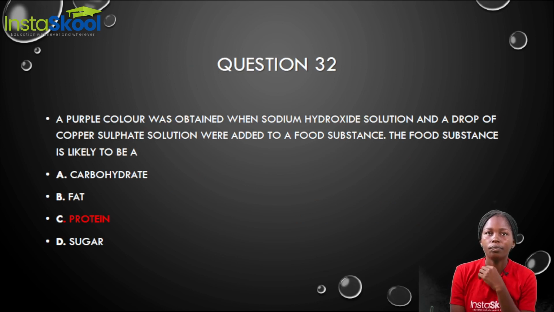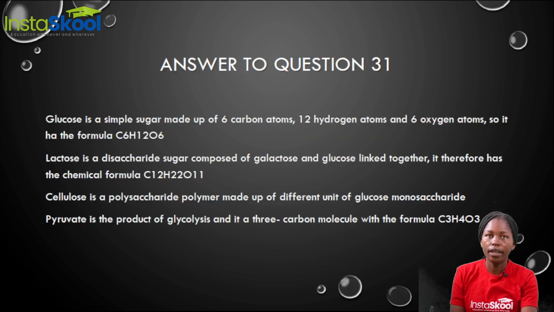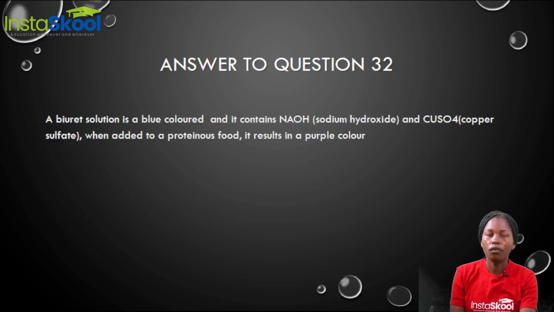Question 32. A purple color was obtained when sodium hydroxide solution and a drop of copper sulfate solution were added to a food substance. The food substance is likely to be A. Now this is an example of a food test. Sodium hydroxide, with the chemical formula NaOH, and copper sulfate, CuSO4, are the components of a solution known as the biuret solution.